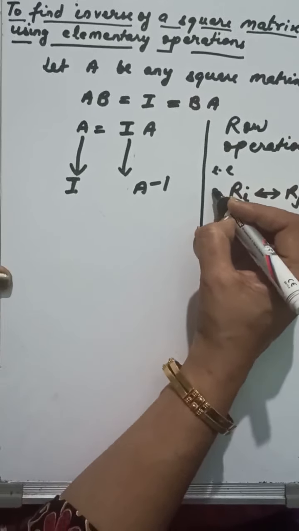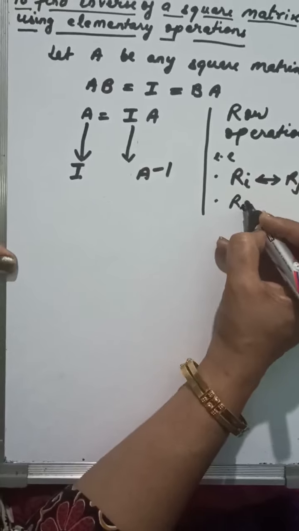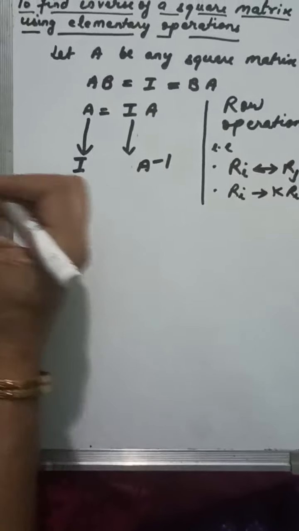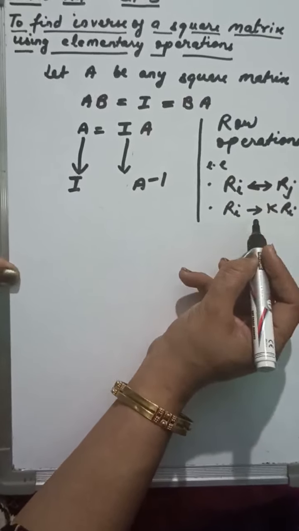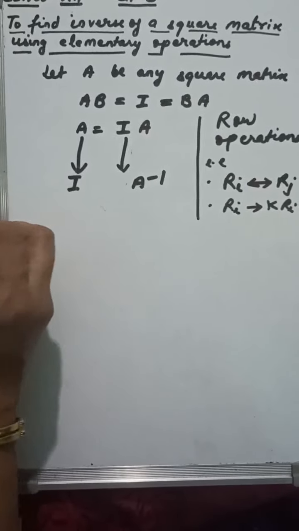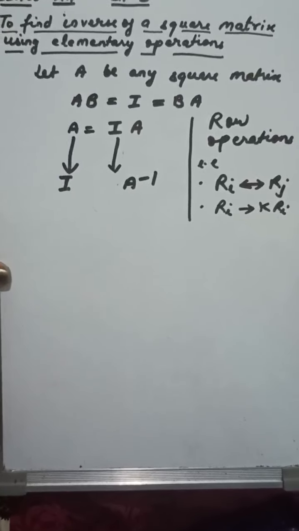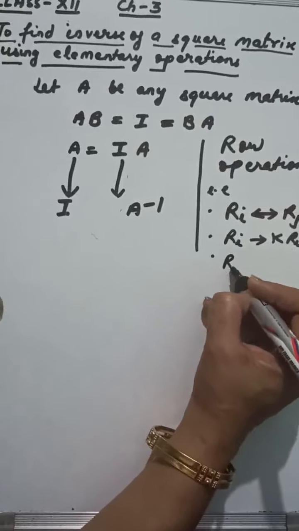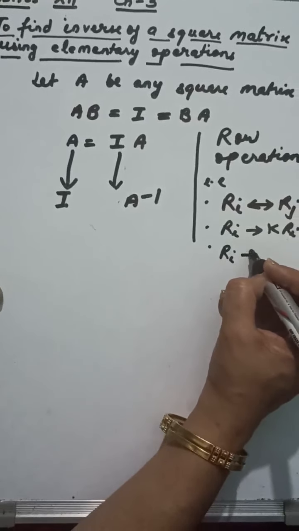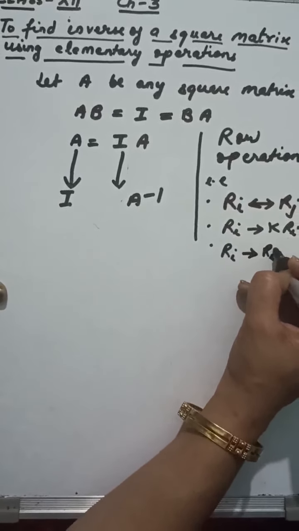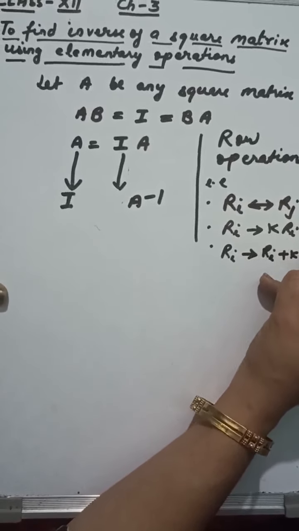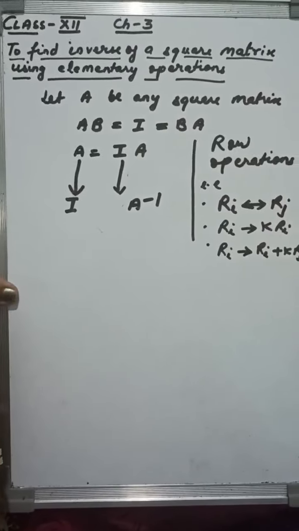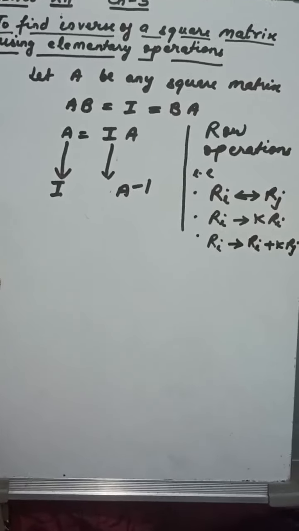Second operation is Ri arrow K times Ri, which means we can multiply any row by some constant. Suppose we multiply any row by constant 2, the same operation is applied on both sides. Third is Ri arrow Ri plus K times Rj, which means we multiply any row by some constant and add it to any other row.